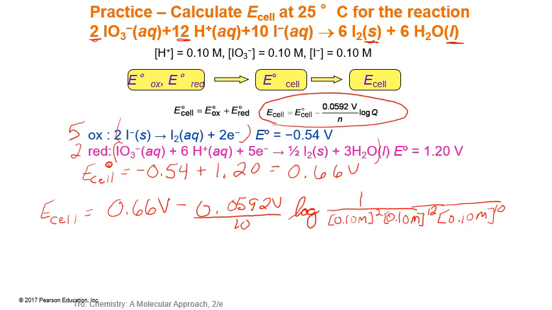So we can take the log of 1 times 10 to the negative 24th times 0.0592 divided by 10. And we end up with an Ecell of 0.52 volts for this overall cell under these conditions.